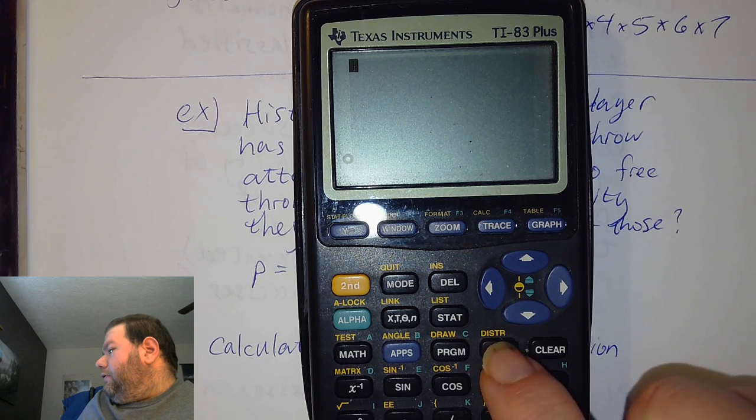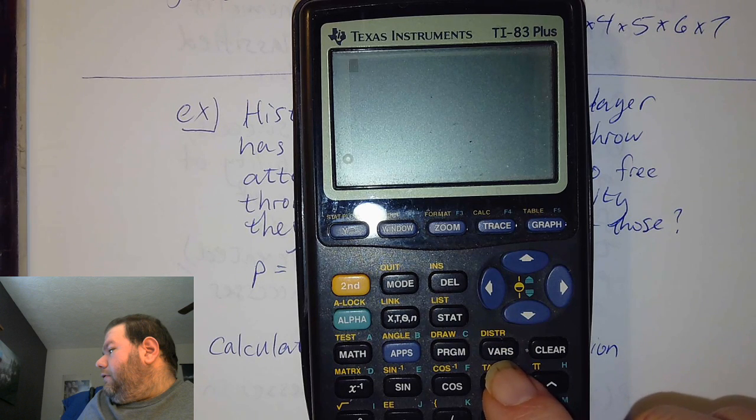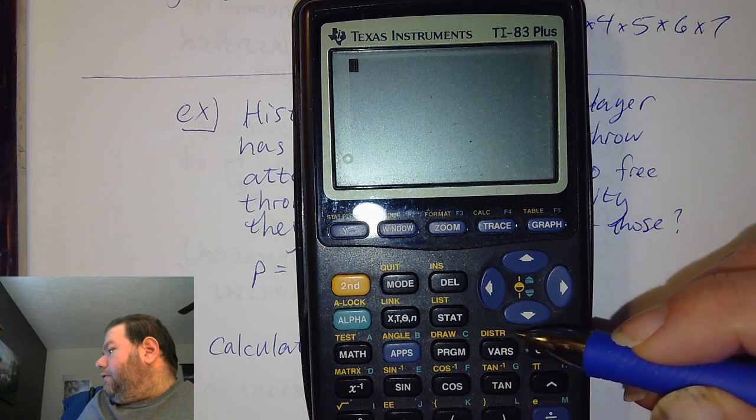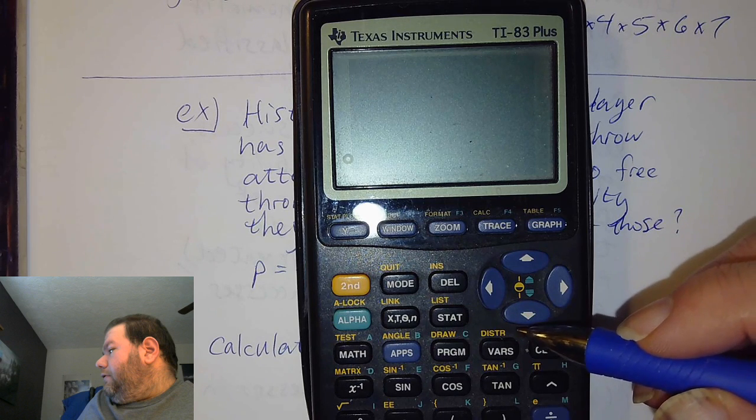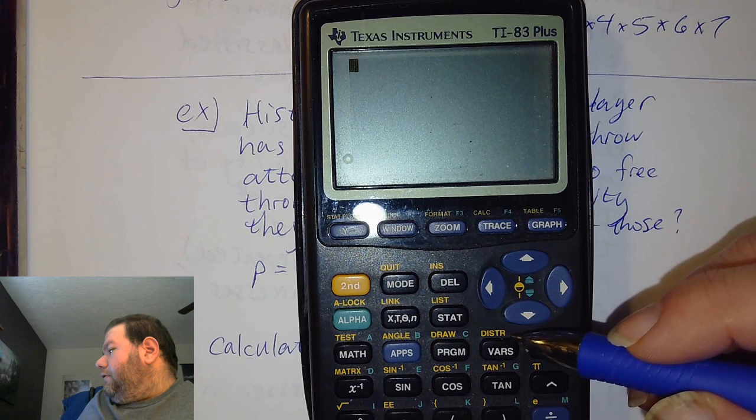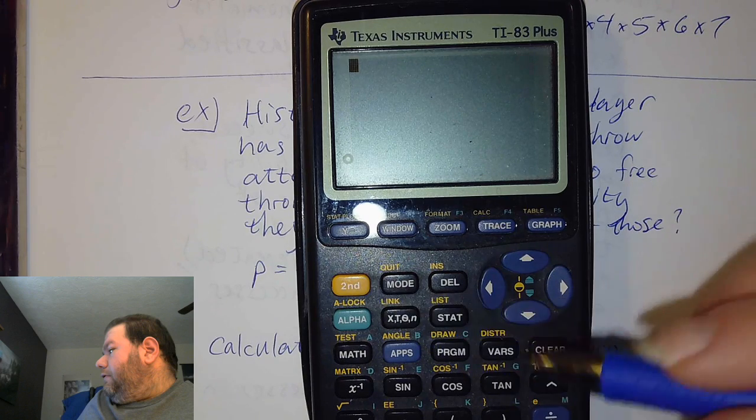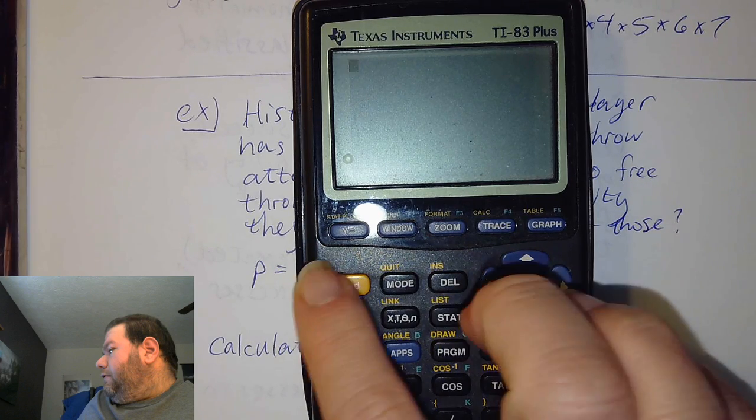Oh, here's distribution right above the vars button. Sorry. Let me make sure y'all can see that. Yeah, right here. This is our distribution, so that refers to our statistical distributions, probability distributions. So we have to hit second and vars. Sorry about that.